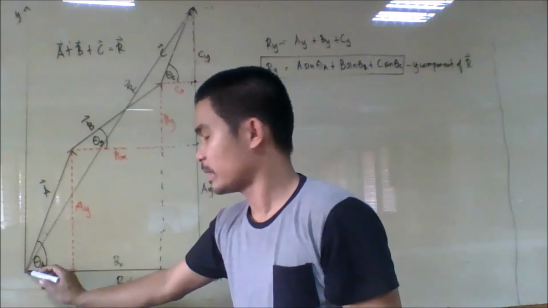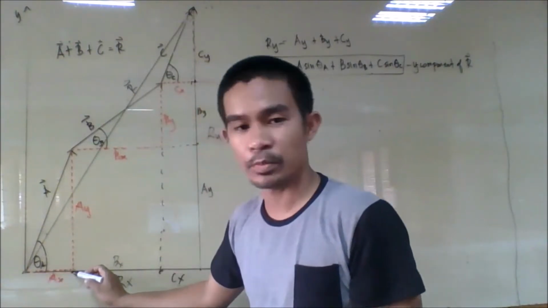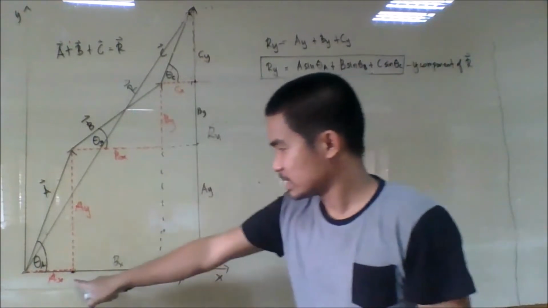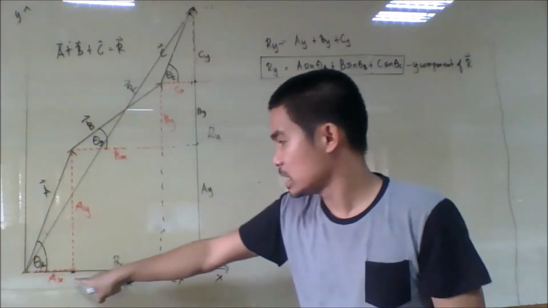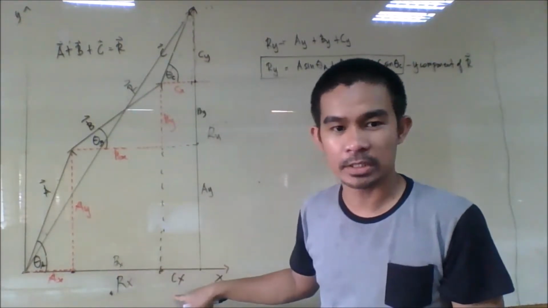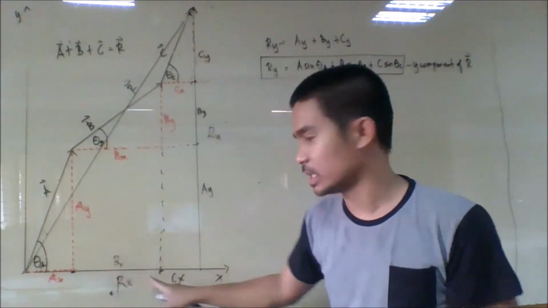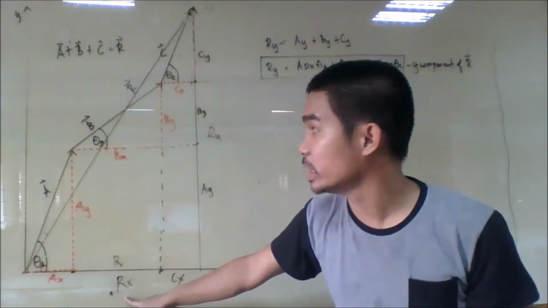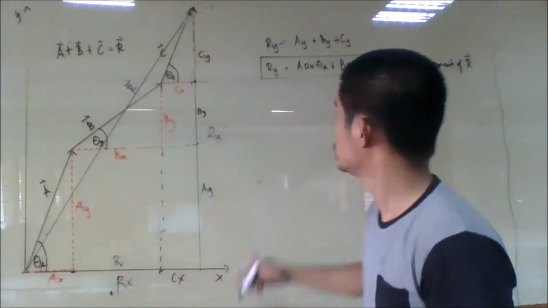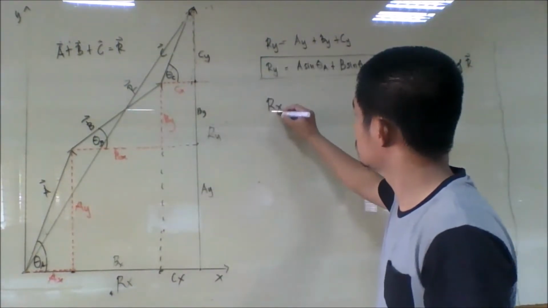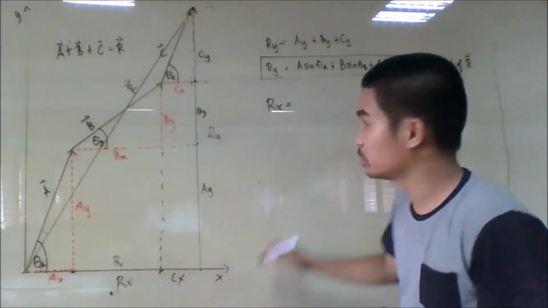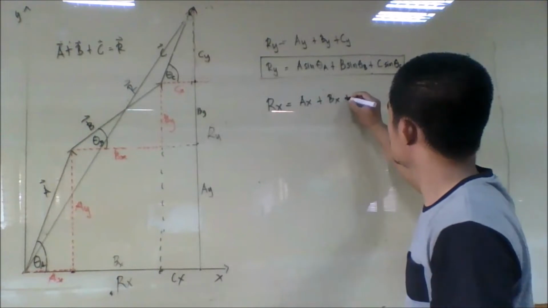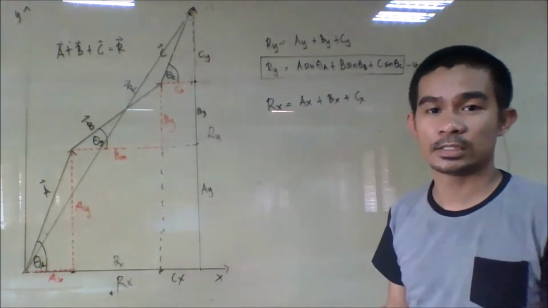And the distance from the origin to that point is A of x. As you can see, the sum of the three x components, A of x, B of x, and C of x, is equivalent to R of x, or the x component of vector R. Or R of x equals A of x plus B of x plus C of x.